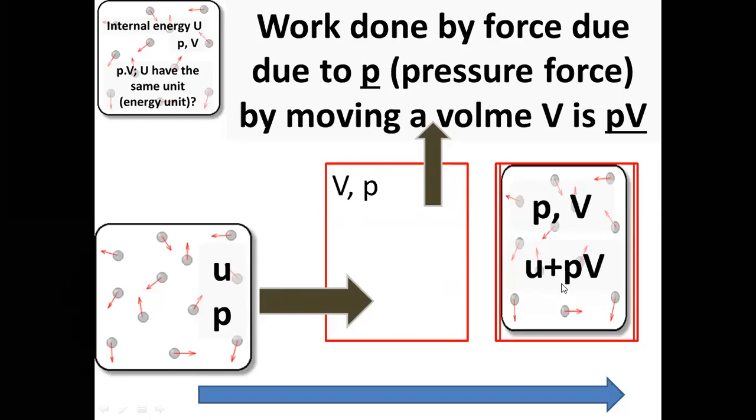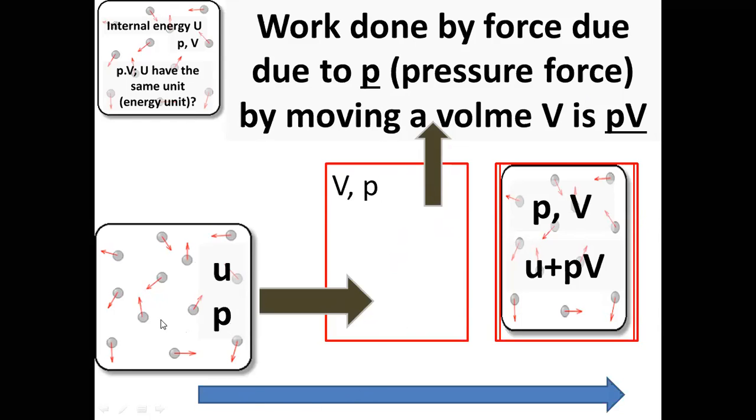Okay, PV is necessary here other than U. Only U cannot come in. There should be some pressure, force. We call this P times V. Okay, if we need to fill this, U plus PV.